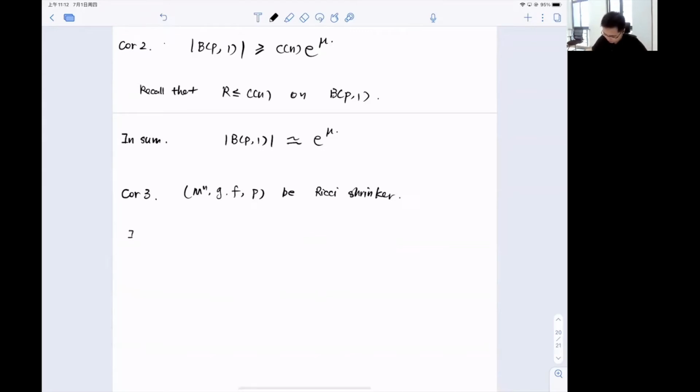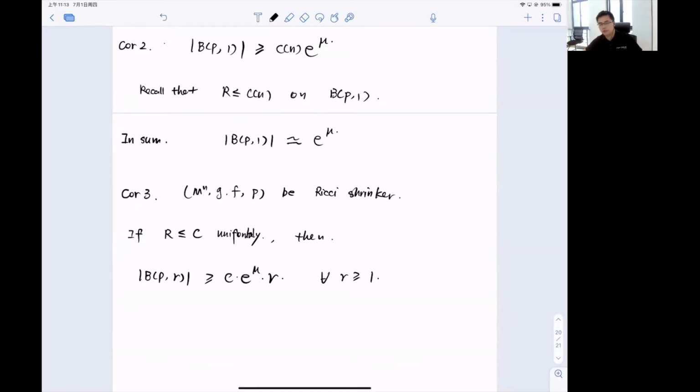If the scalar curvature is uniformly bounded by a constant C, then one can show that B_p(R), the geodesic ball around p with radius R, has volume lower bound C times e to the mu times R. This is true for any R greater than or equal to 1.